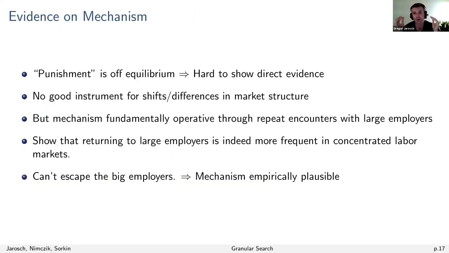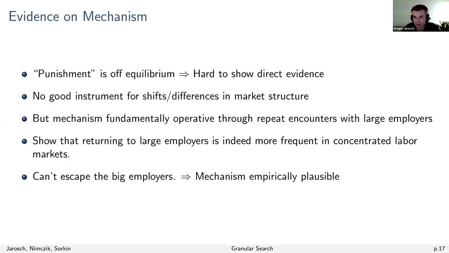Okay, before I get there, there's a question of whether there is some notion of direct evidence for this mechanism. Firms on some level run these blacklists where they can credibly threaten to punish a worker. And so sometimes we get asked, is there anything direct?